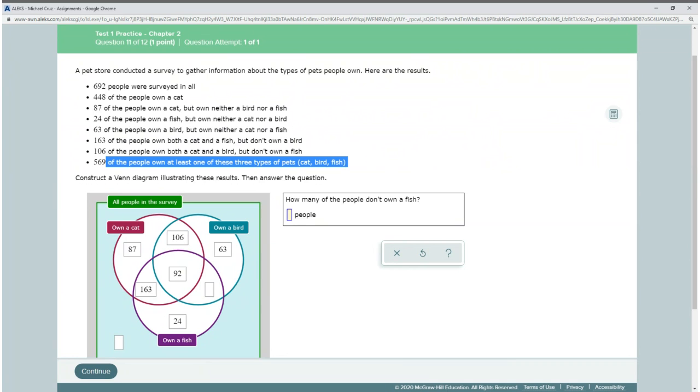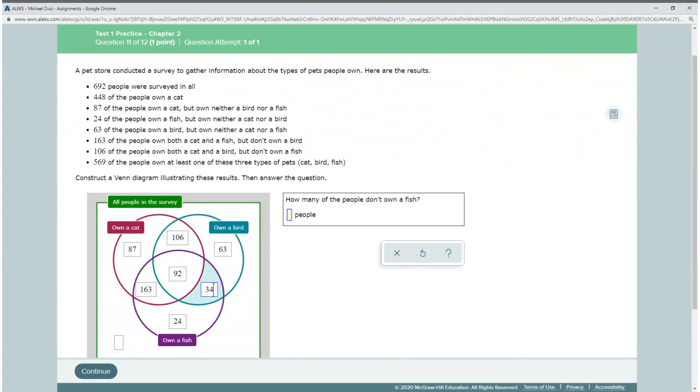And then the 163. Then the 60 and the 92, and then the 24. And so that's 535. Subtract 535 from 569. And that means 34 are going to go in there.